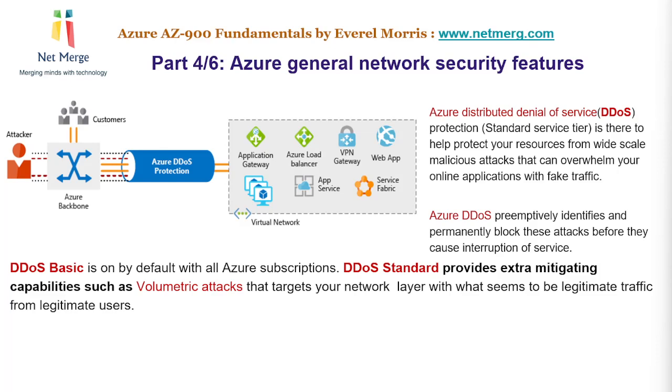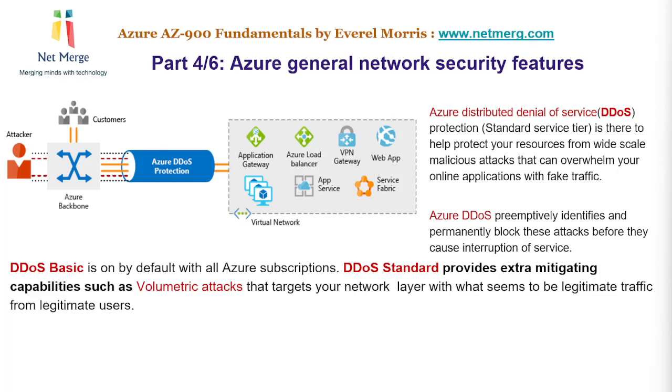They will recycle them and change the IP address, and you have to keep on the alert to keep detecting and blocking them. Now, for the DDoS service, you have two different types of service. The basic service is on by default with an Azure subscription. You get that. But DDoS standard provides extra mitigation capabilities such as for volumetric attacks that target your network layer with what seems to be legitimate traffic from legitimate users.